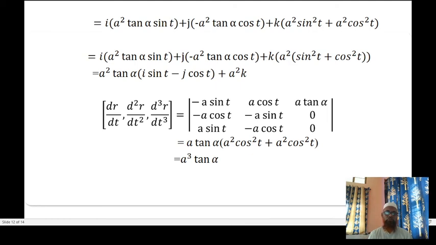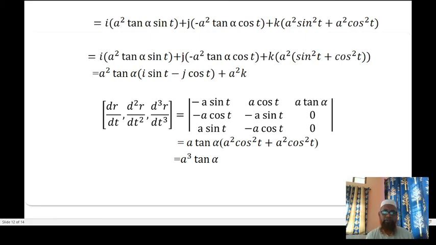In the first row the coefficients of i j k in dr/dt: minus a sin t, a cos t, a tan alpha. In the second row, minus a cos t, minus a sin t, 0. In the third row, a sin t, minus a cos t, 0.